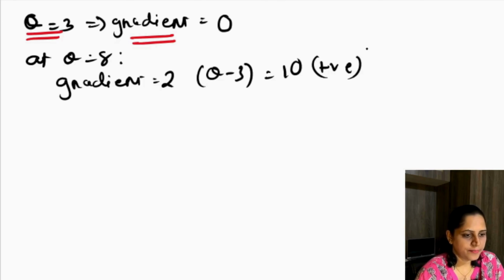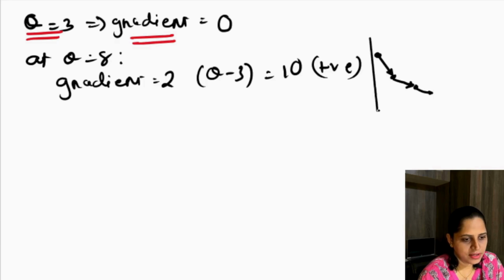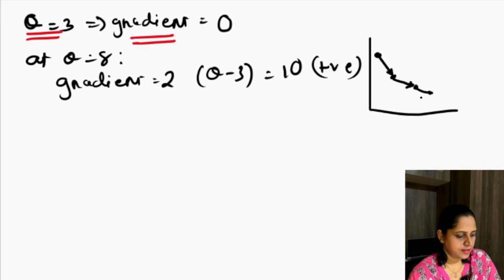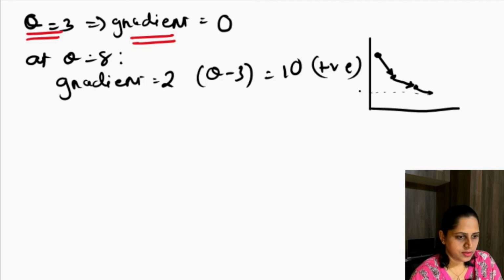That means it's somewhere here. It will start here, it will come here, right? Then after that, it takes steps like this. So just imagine that this is your scale, and this is your 3.